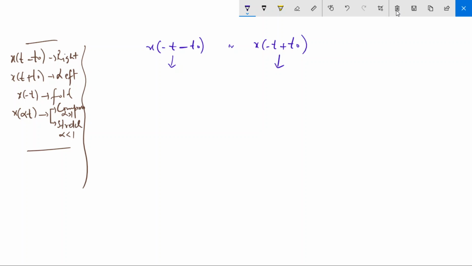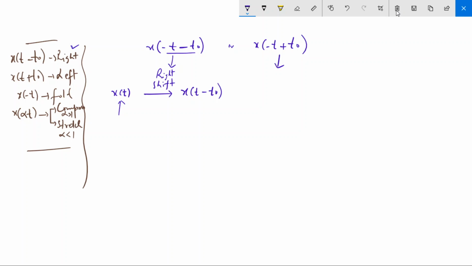Let me start from x of t, and I will show you how you can reach x of t minus t naught first. Okay, if I apply the shift operation first, the time shift, and since it is x of t minus t naught, it means you have to use this operation. So after the right shift, your x of t will become x of t minus t naught. So the original signal is x of t.